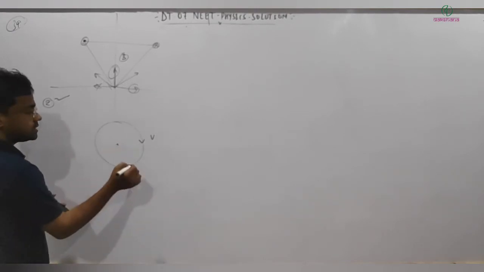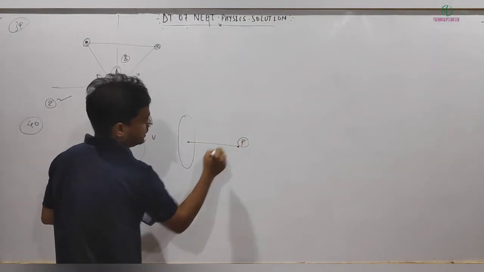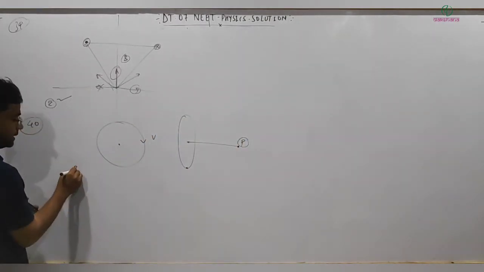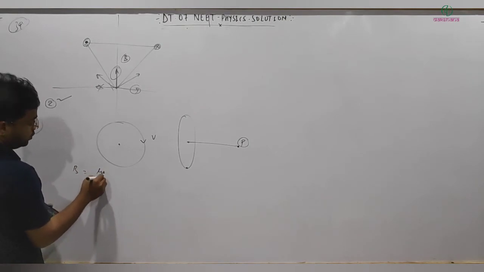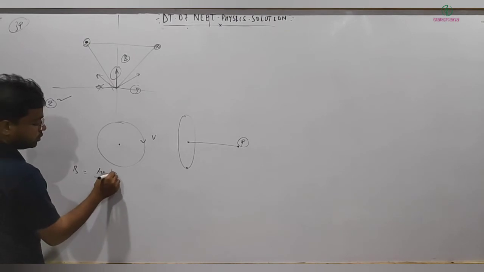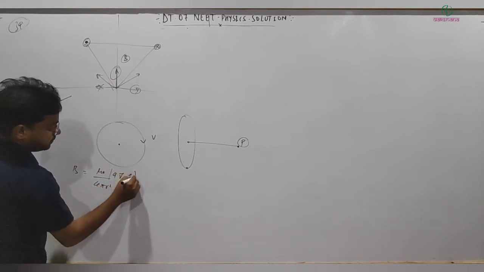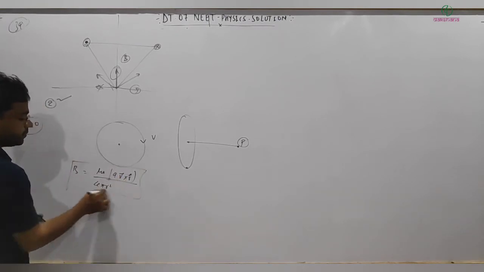So I need to consider this is the point P where the magnetic field B is equal to mu naught into Q, V bar cross R cap, divided by 4 pi R square. This is the Biot-Savart law.